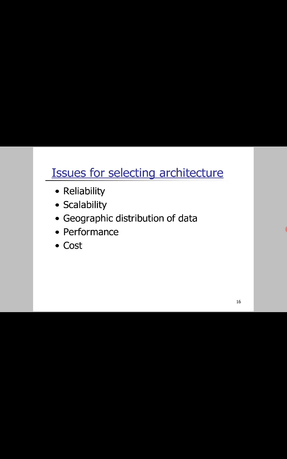Performance means how fast the databases are executed. Geographic distribution of data means how a large database can be split up into small databases and used in multiple places. Then scalability and reliability.